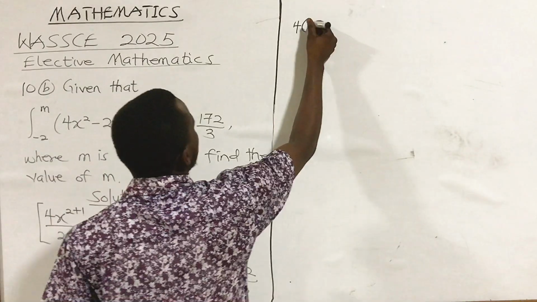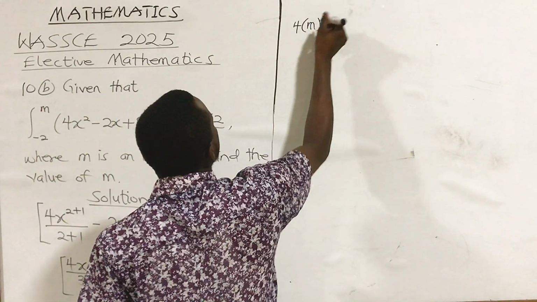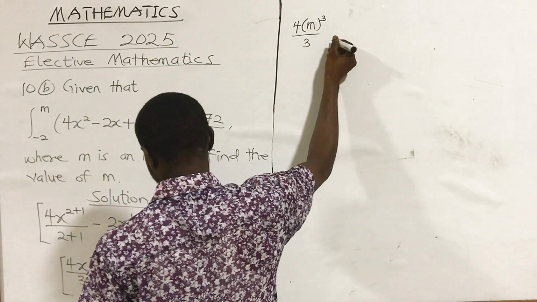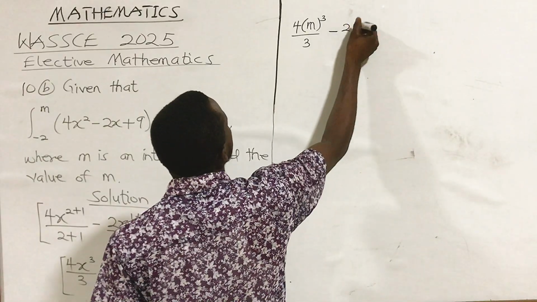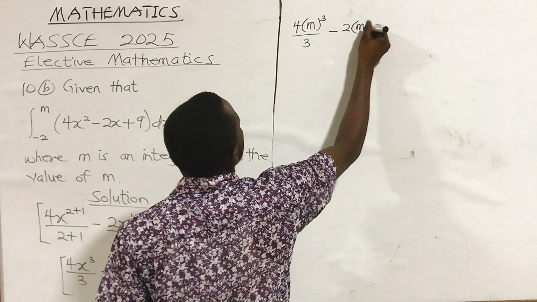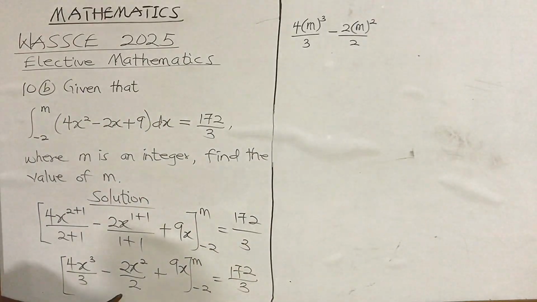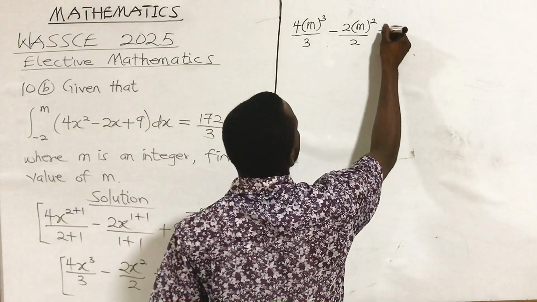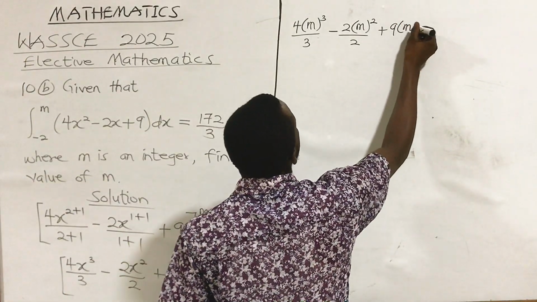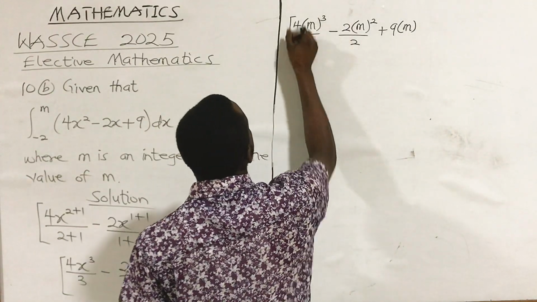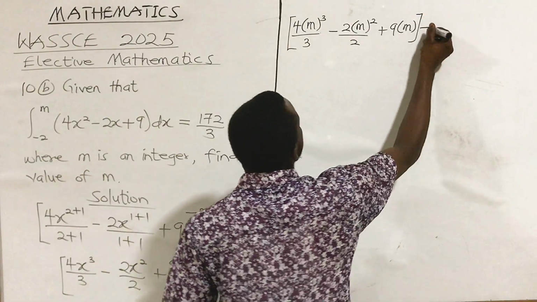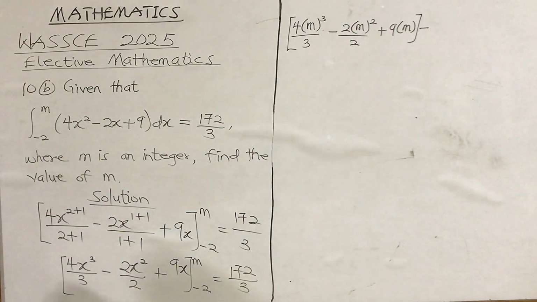So we have m cubed all over 3 minus 2 into bracket m squared all over 2 plus 9 multiplying m. And this is the substitution of the upper limit.